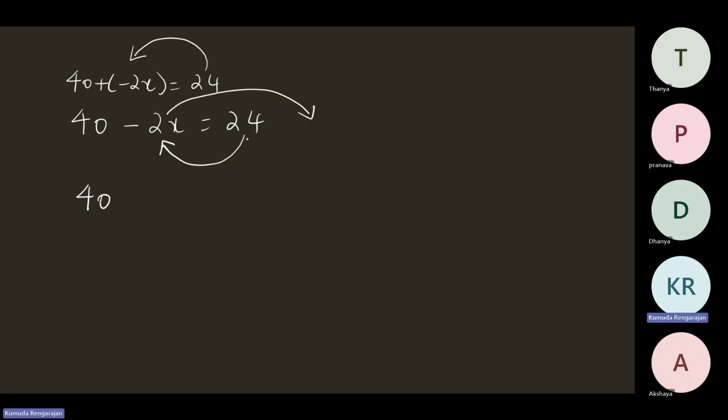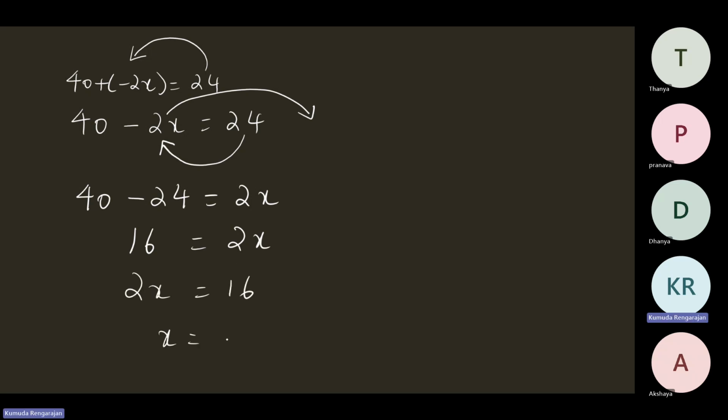When you take it to the left hand side, it will become minus 24 is equal to minus 2x on the left hand side. So when it comes to the right hand side, it will become plus 2x. So 40 minus 24 is 16 is equal to 2x, or 2x is equal to 16.